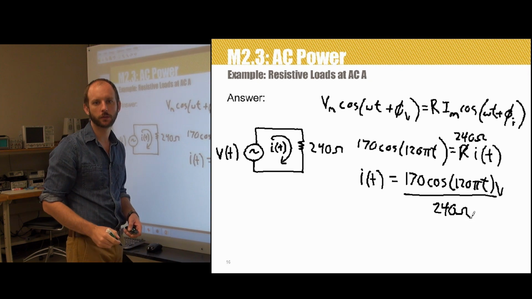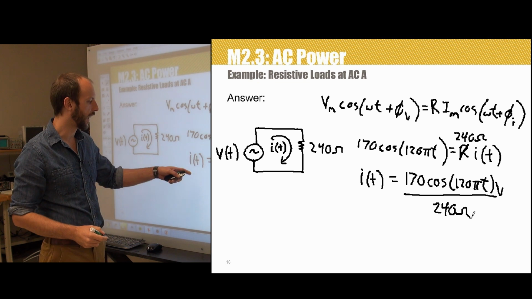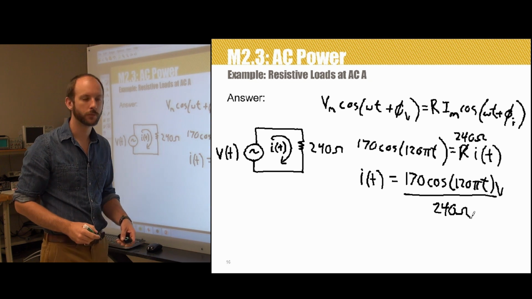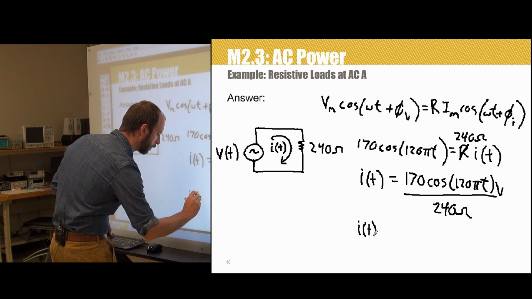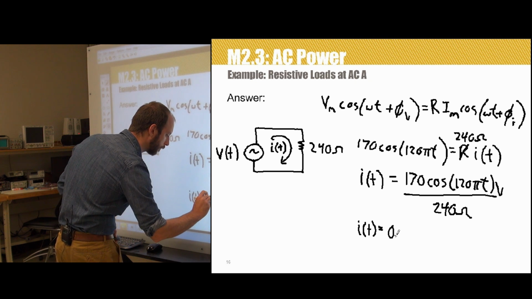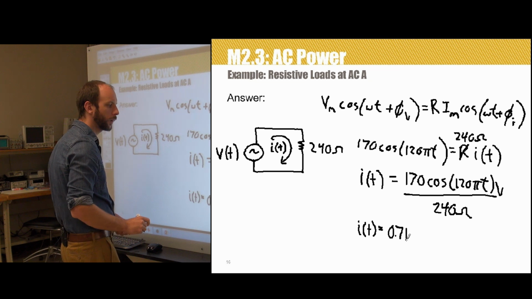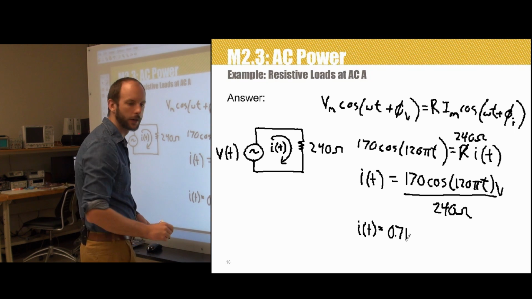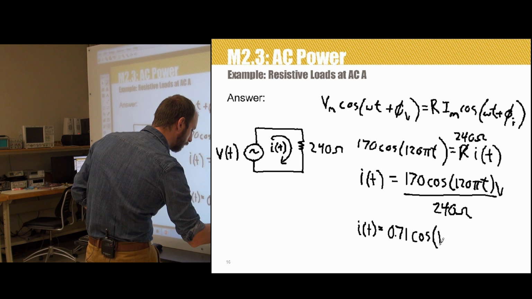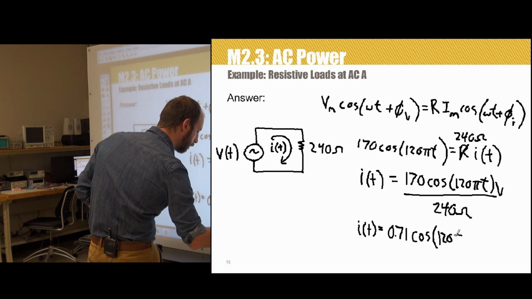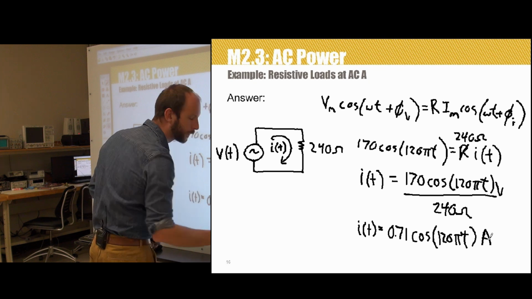And what does that give us? That gives us i(t) equals 0.71 cosine of 120 pi t, and that's measured in amps.